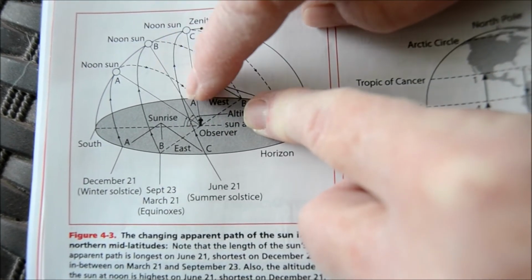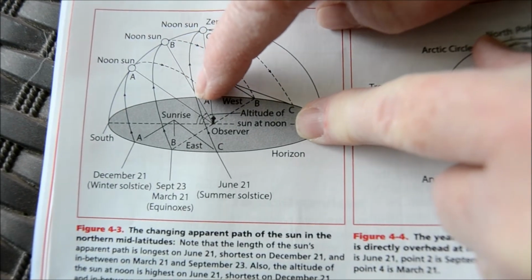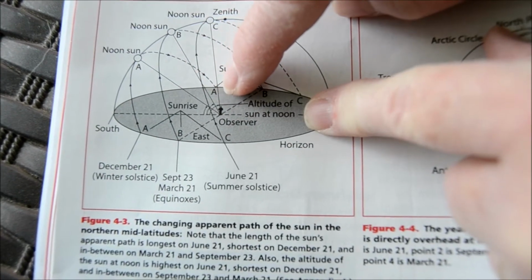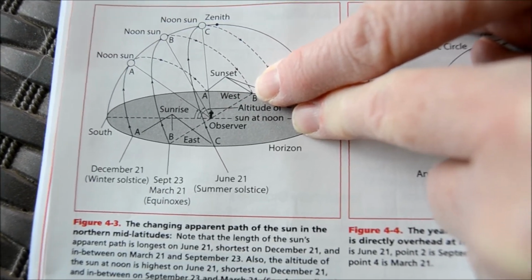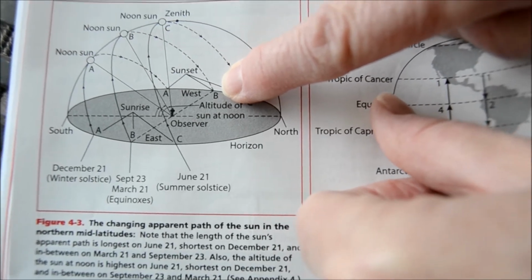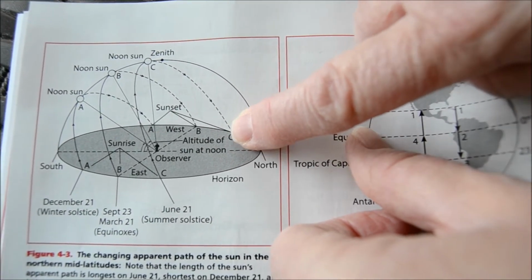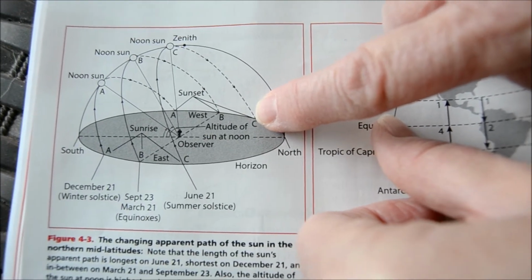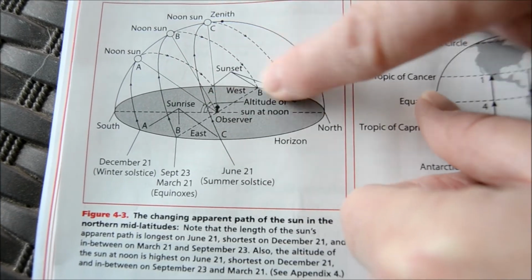Alright, after December 21st, which is my winter solstice, it starts moving back this way. End of December, January, February, March, I'm back to my equinox March 21st or 20th, and then it moves April, May, June. June 21st I'm at my highest, and then I go July, August, back to September. So it's oscillating between those 2 points.